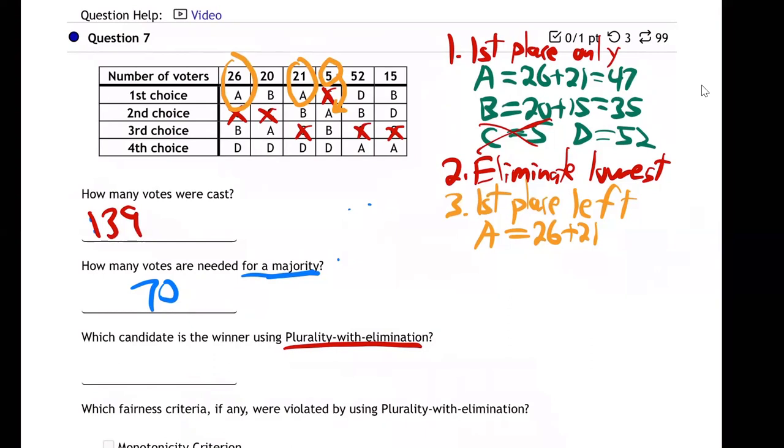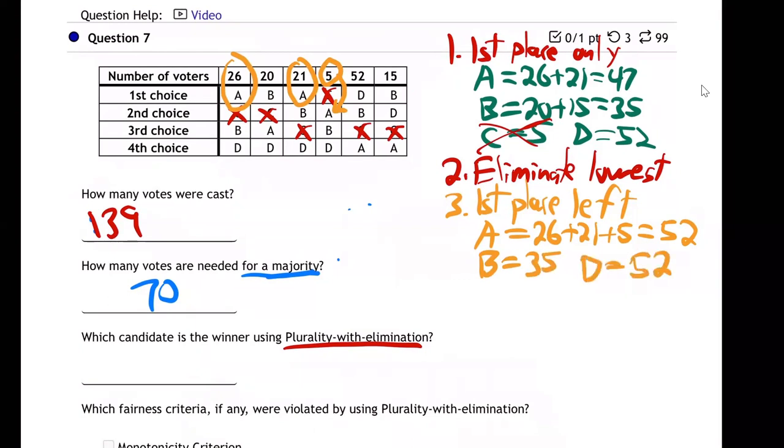So among the candidates that are left, for those 5 people, their new first place is A. You have to add that in for A as well. That's the only difference, really. That's 52. B is still 35, and D is still 52.